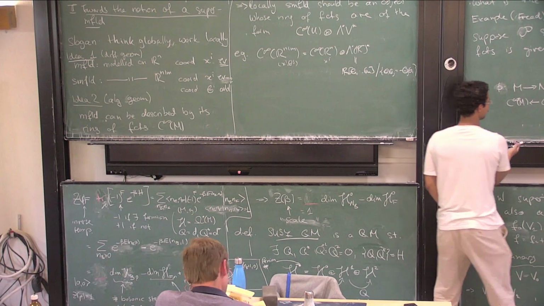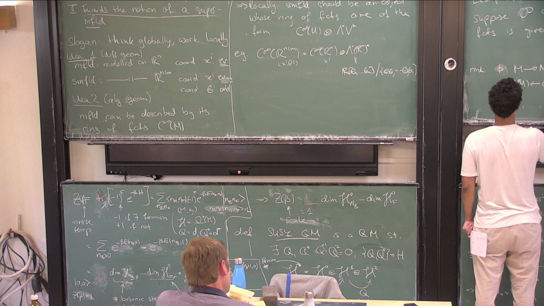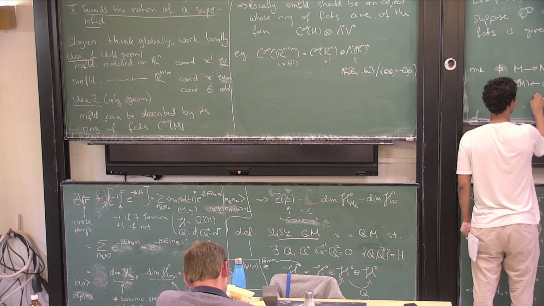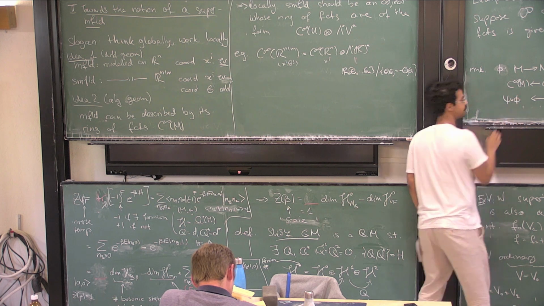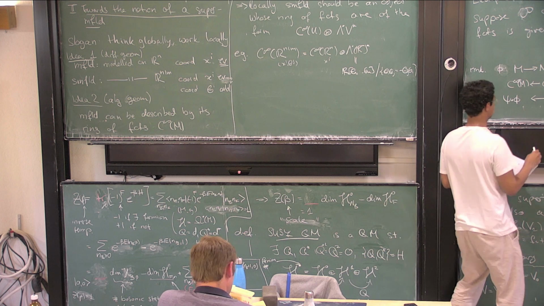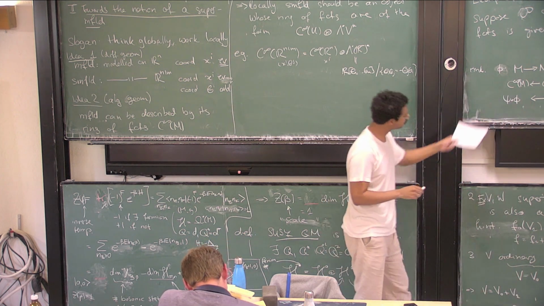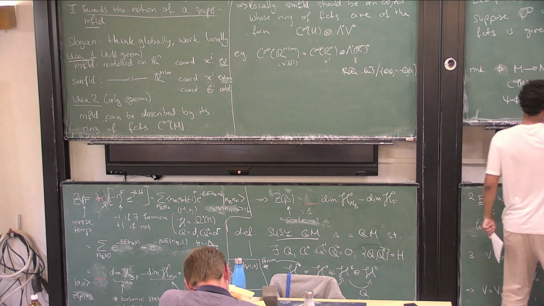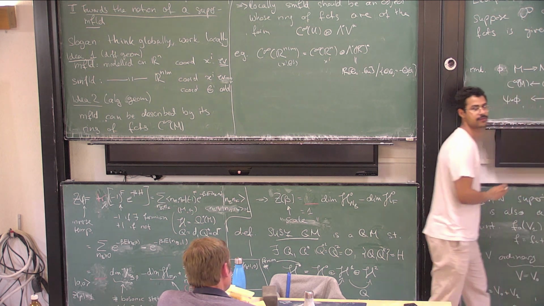Okay? Why? Because if you take a function here, let's say psi, then you would map this to psi composed with phi. And it turns out that this should be an algebra homomorphism.